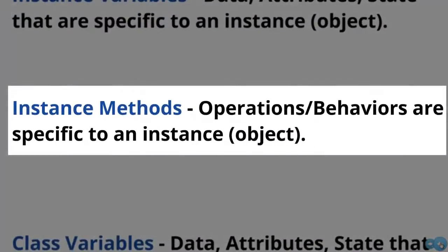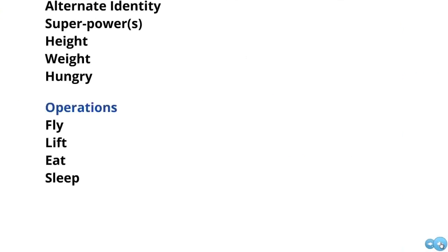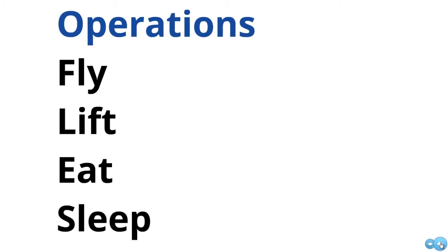And we also saw this idea of instance methods. These are operations or behaviors that are specific to an instance of a class or an object. Again, if we go back to our superhero example, fly, lift, eat, sleep, all these things are operations that would be specific to a particular superhero.